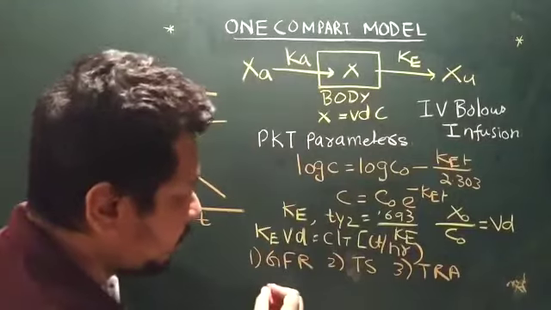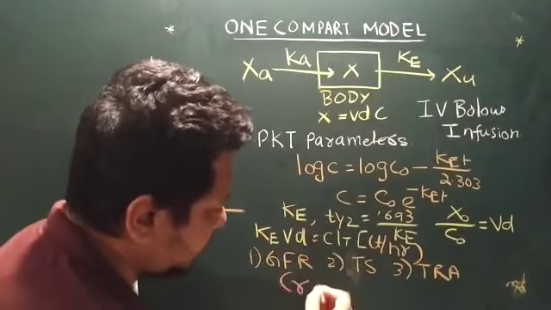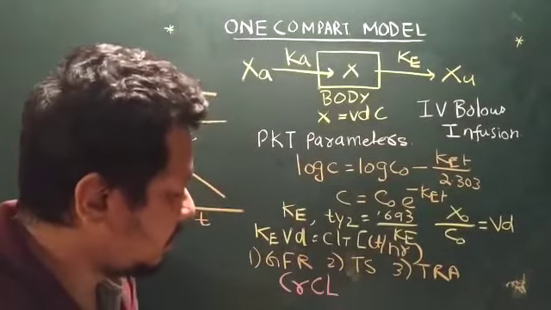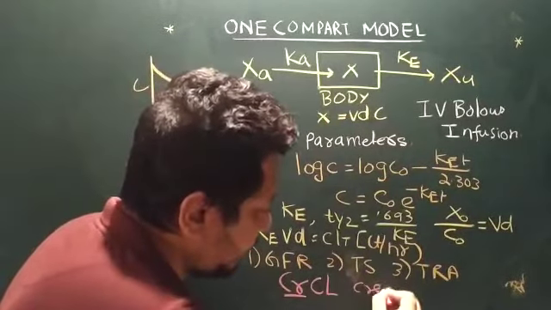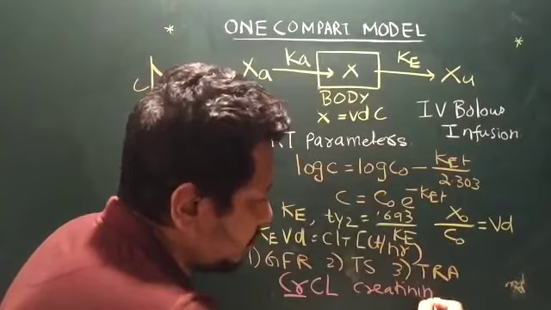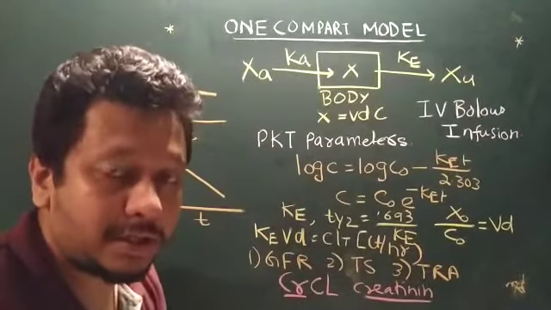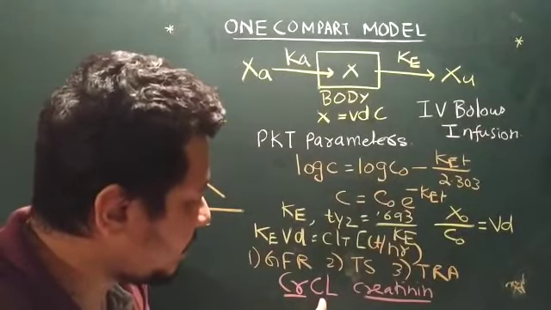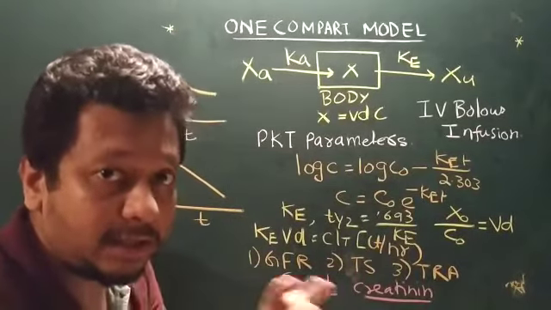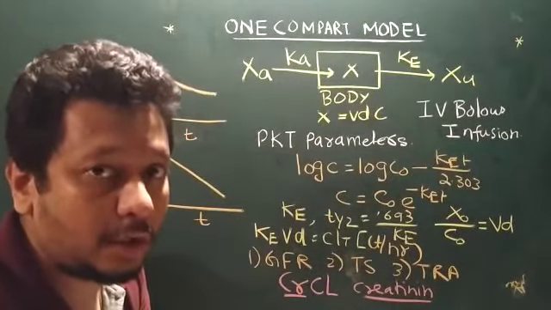So that's why we use creatinine clearance. This creatinine we use to find out the patient's renal function, the clearance. If clearance is changing, then we have to change the dose.